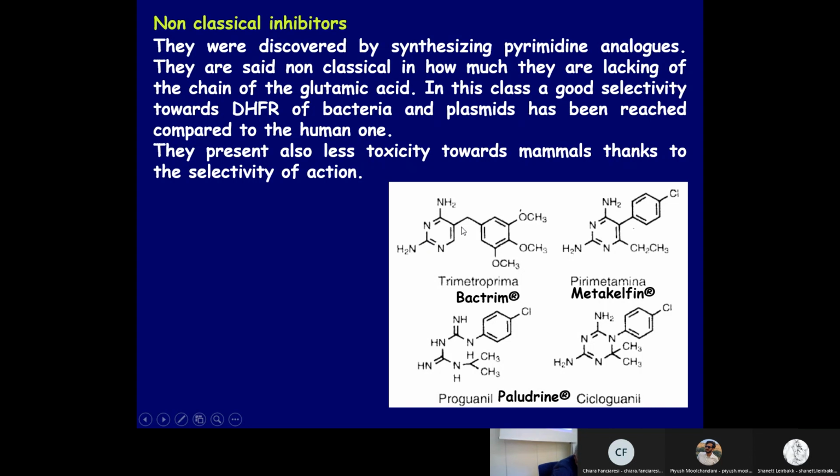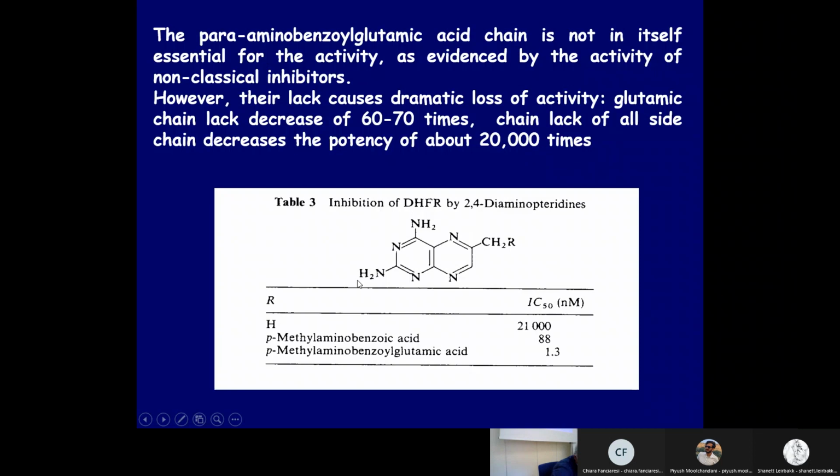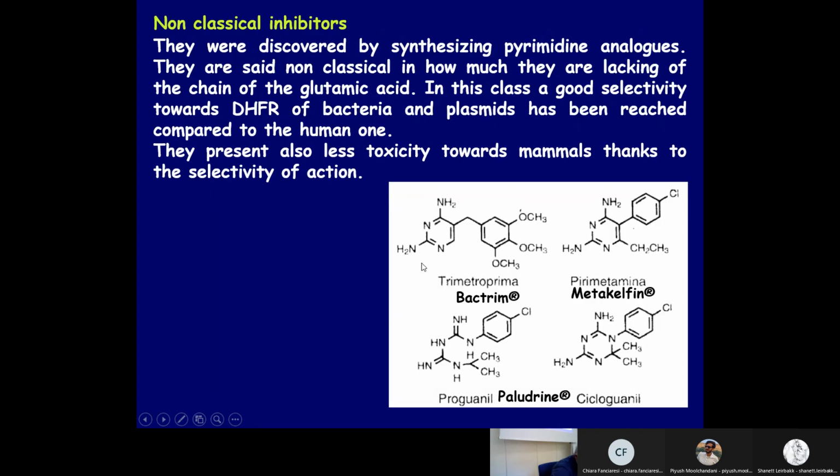This ring is also present in the first generation, in the classical DHFR inhibitor. So also in this class we can find this ring important for the interaction with the binding site. But the structure is more simple.